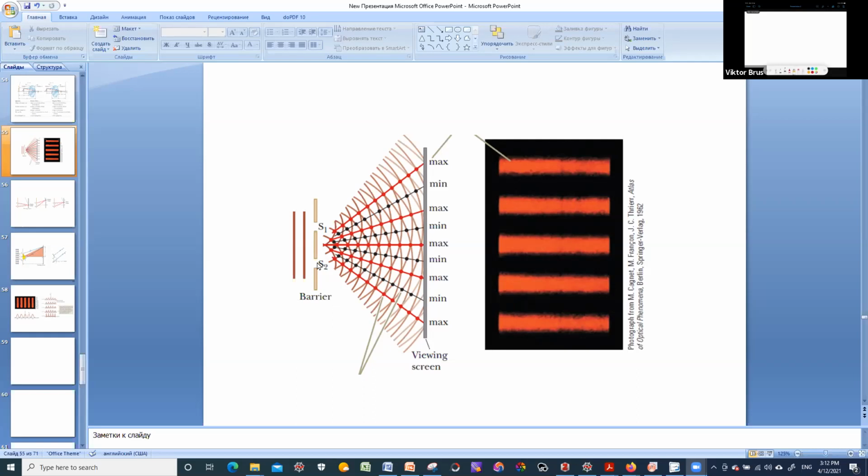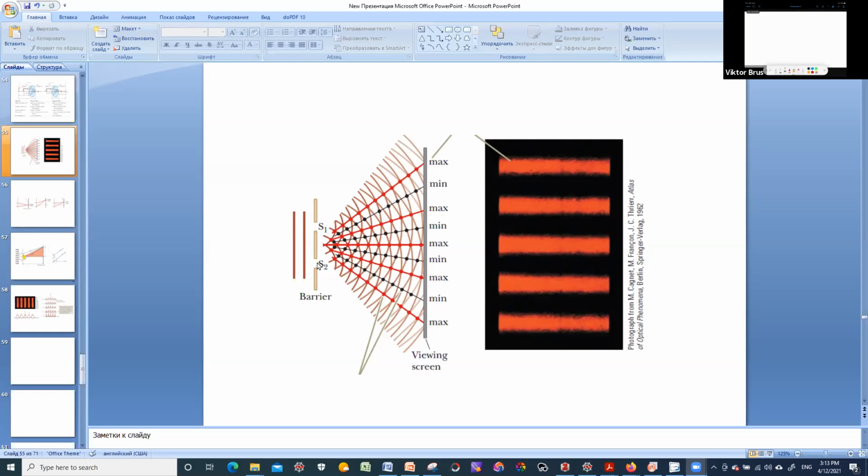And what does coherent mean? That is very important in order to observe and measure interference effects. It means that the phase shift between these two sources is constant over time, so it doesn't change.